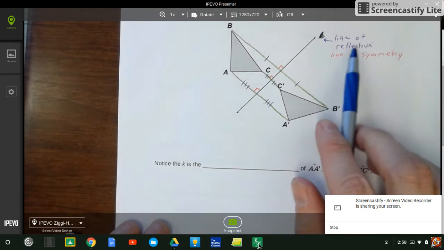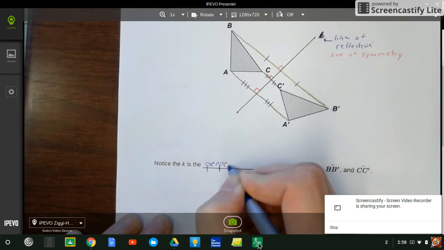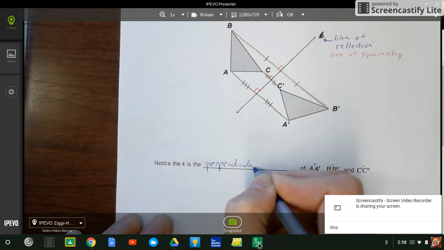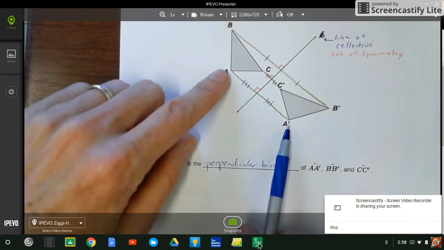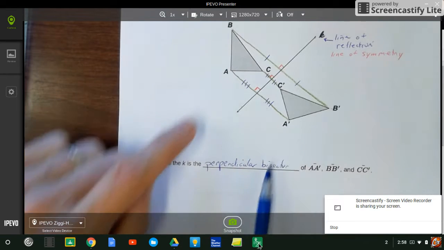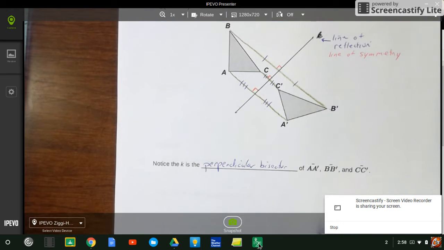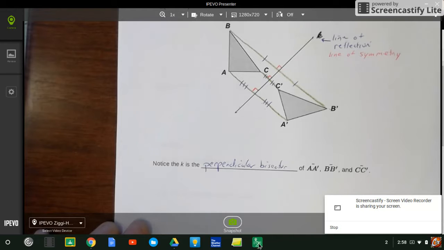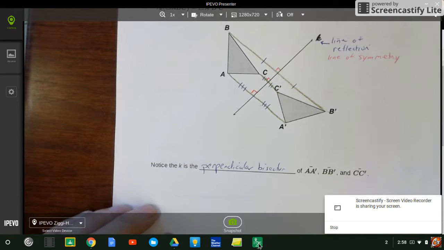This line of symmetry or this line of reflection is the perpendicular bisector of the segment created between the image and the pre-image. So perpendicular bisector of that, and of that, and of that. That's a really neat little fact about these. So that's the ideas. We've got some special rules that happen if we're on the XY axis.